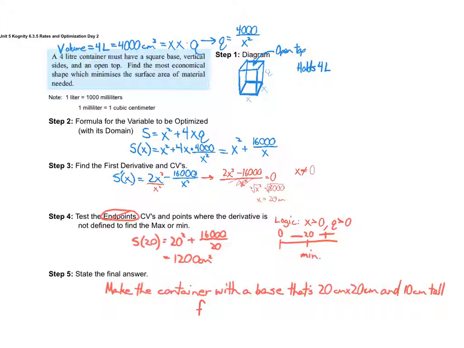So that is for a minimum surface area of 1,200 square centimeters.